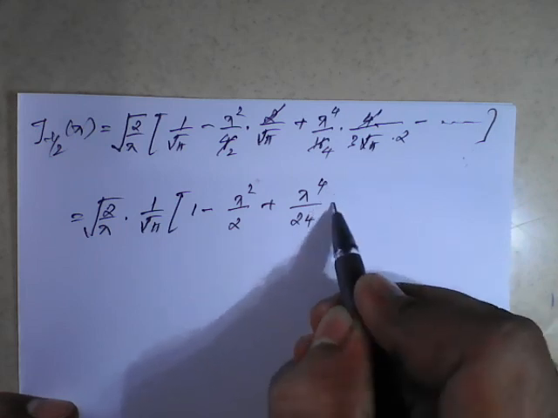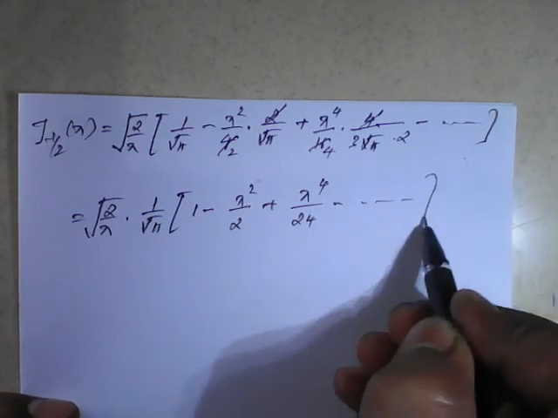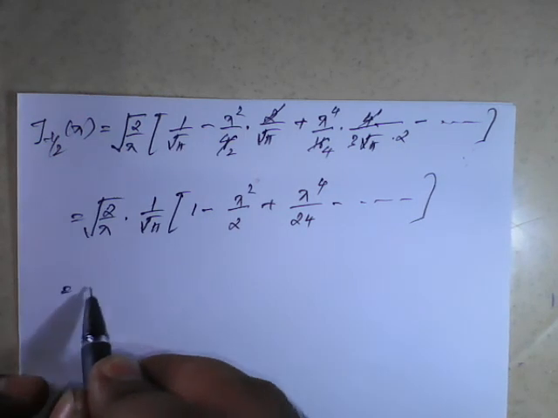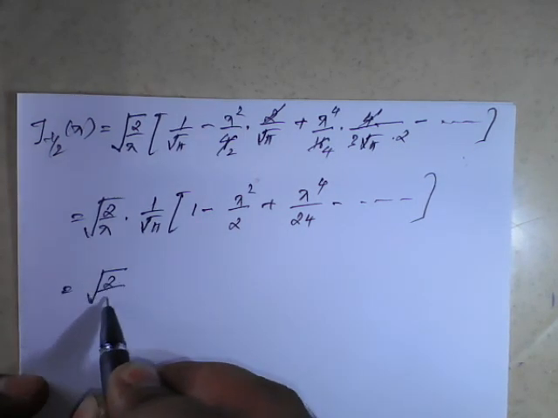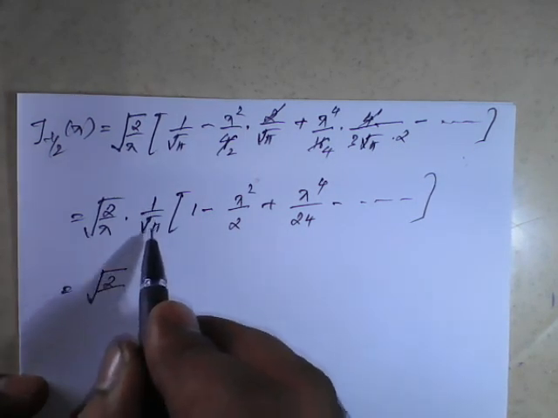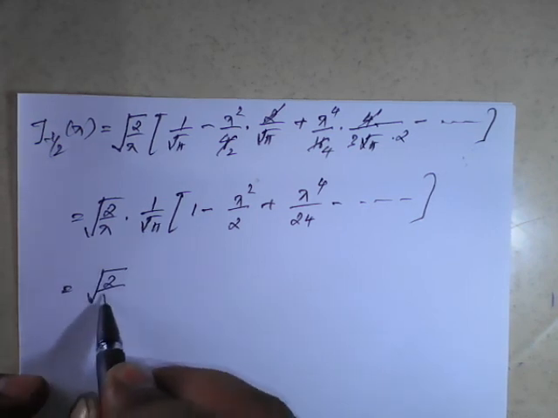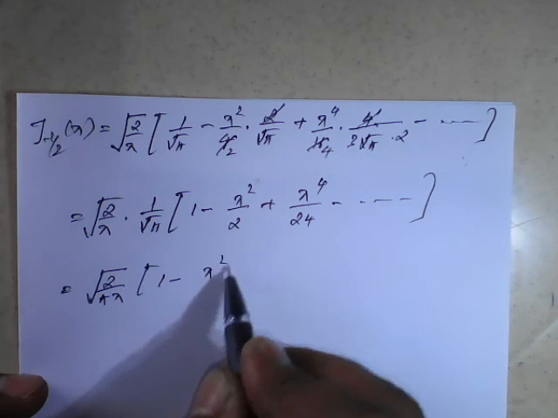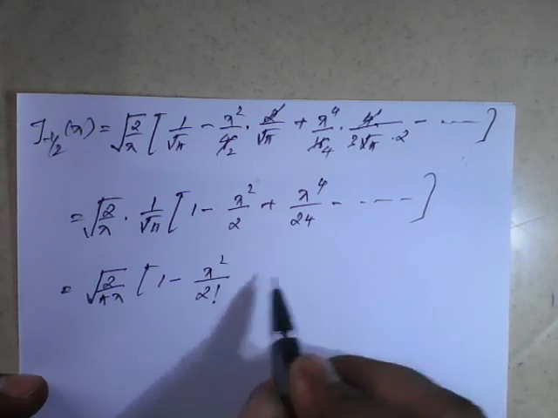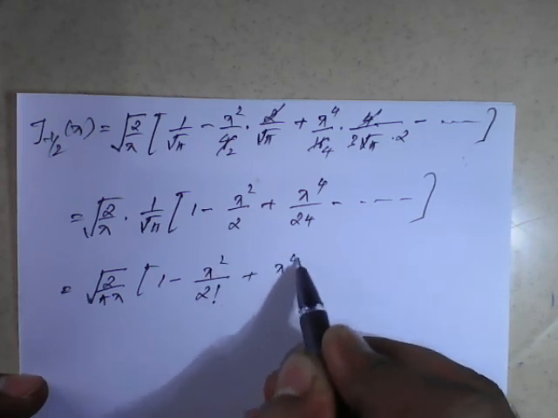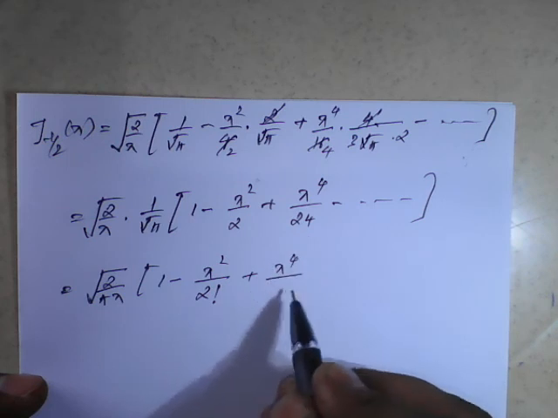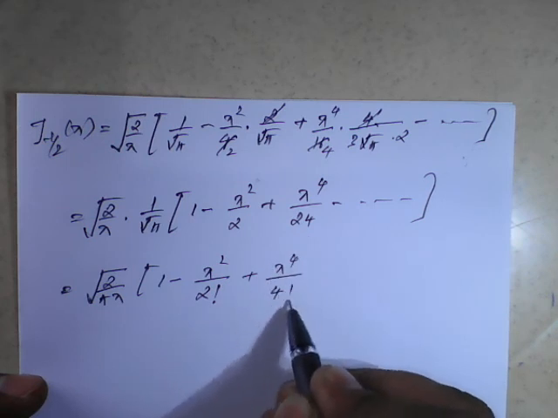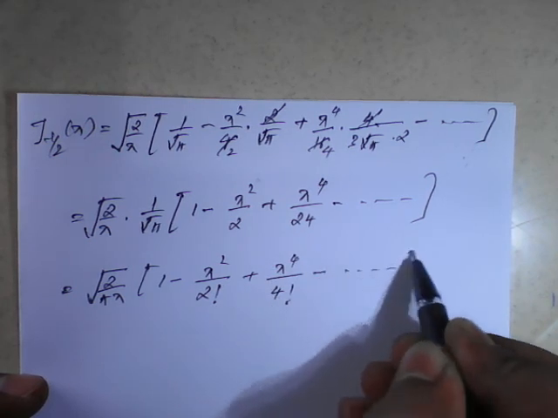Next expected sign is minus, and so on. Which is nothing but square root of 2 upon, this 1 upon root pi, you merge here, it will become pi x, into 1 minus x square upon 2 factorial plus x raised to 4 upon 24, which can be written as 4 factorial, minus, and so on.